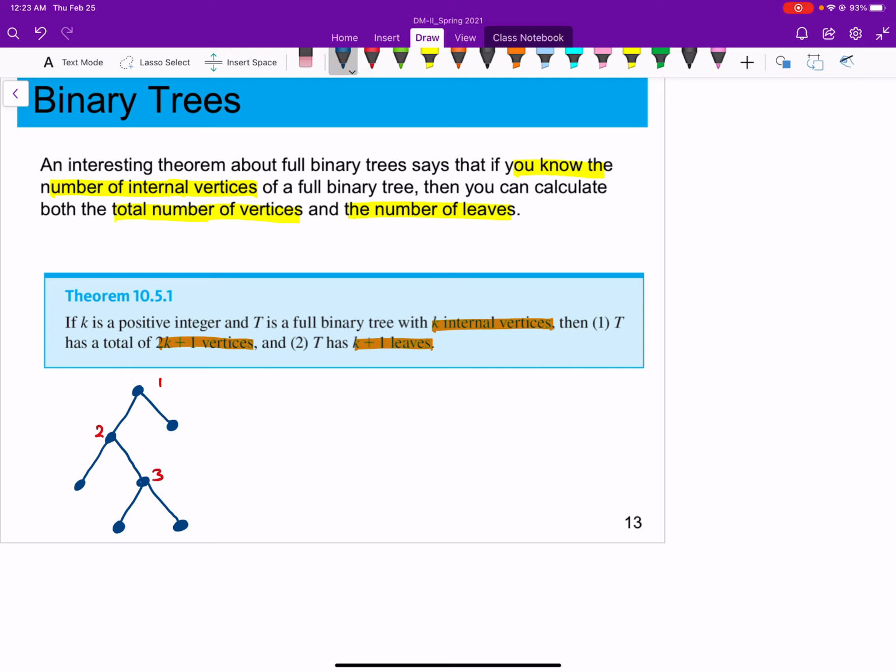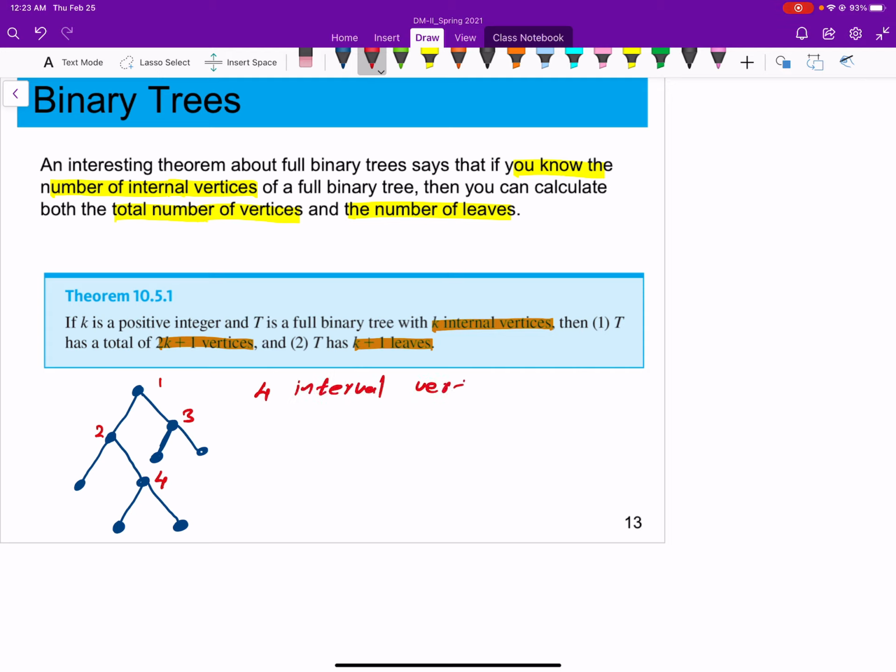Let me add more vertices. There are 4 internal vertices in that case, right? 1, 2, 3, 4. There are 4 internal vertices, okay?